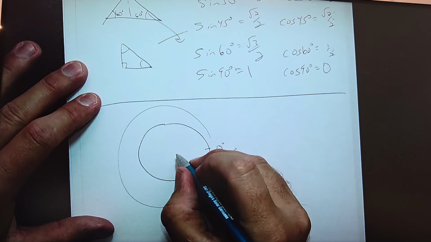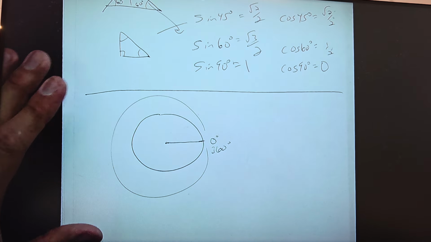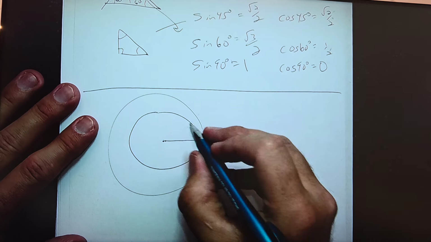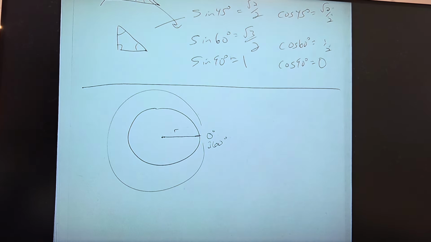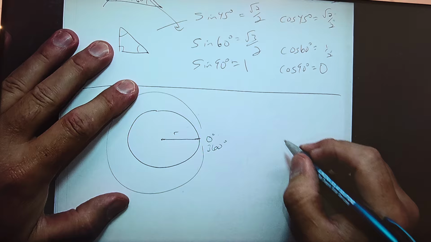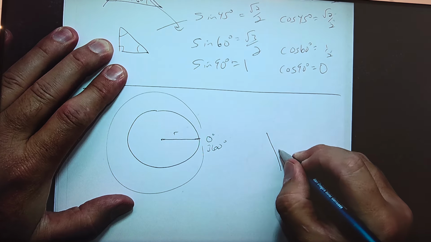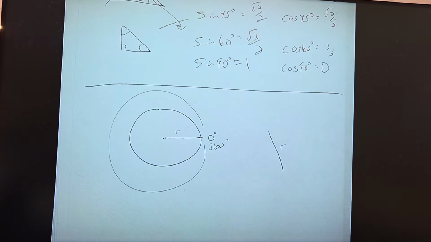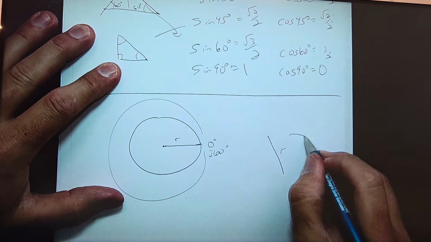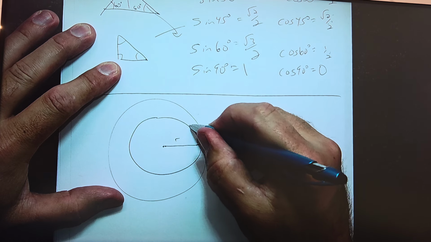So here's a radius of the circle, R. If I pick that R up and put it there, there's R. And then I bend it, and put it back on the circle.